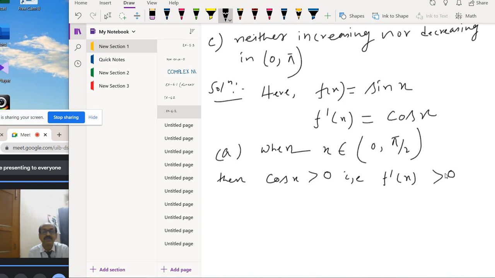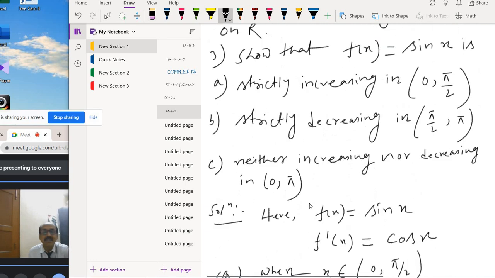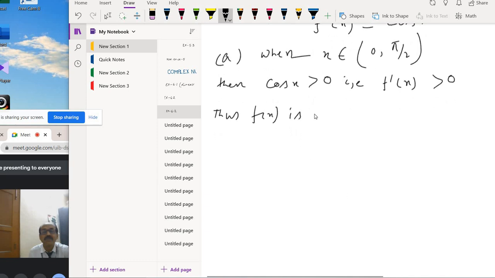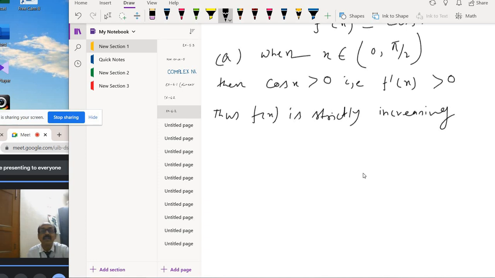We know if f dash x is greater than 0, thus the function f(x) is strictly increasing on 0 comma pi by 2.